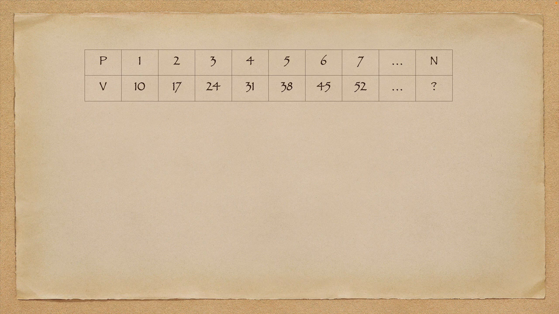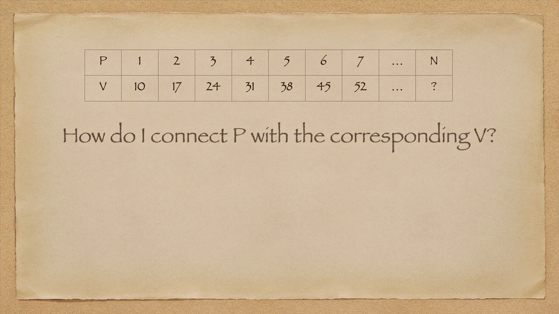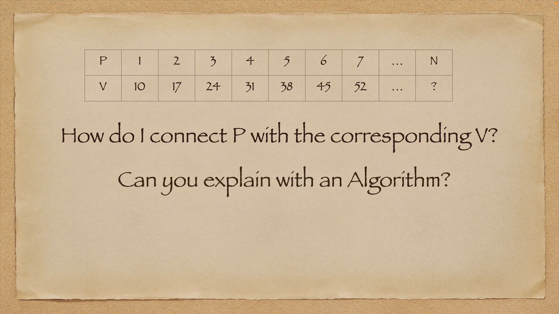Can we try another challenge? In this, it's slightly different. So I have the numbers 10, 17, 24, 31, 38, 45, 52, and you can actually go about adding more and more. But how do I connect the two of them? So that's always a question. How do I connect P with the corresponding value of V? For example, how do I connect 2 with 17? How do I connect 3 with 24? And can I explain that with an algorithm?